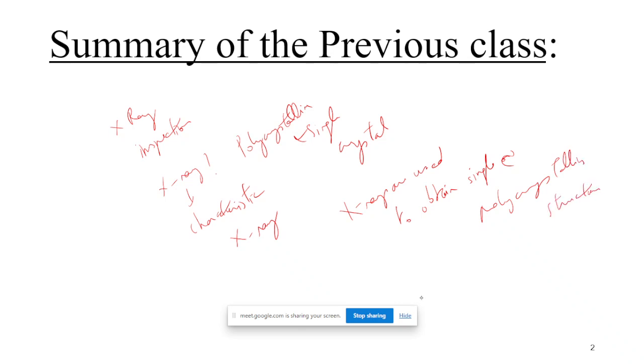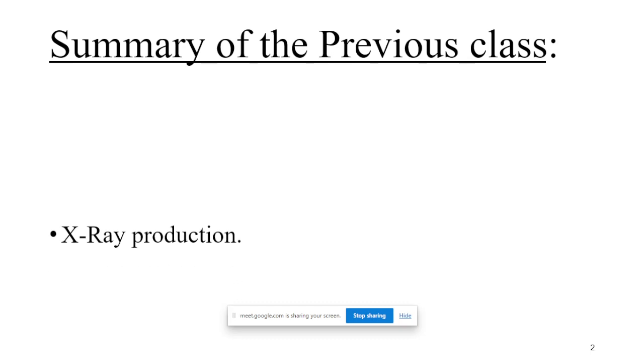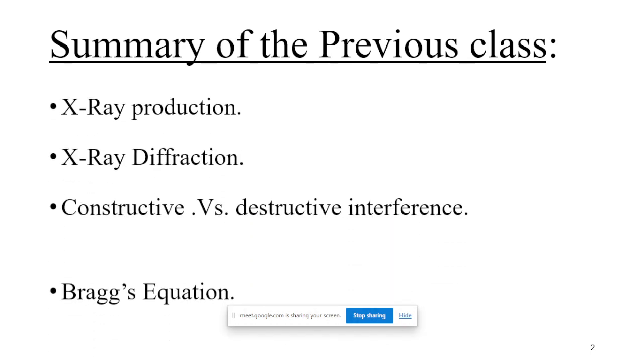And then we finally saw the problem of how to determine the crystal structure just from XRD peaks. So this is our primary discussion from last week.